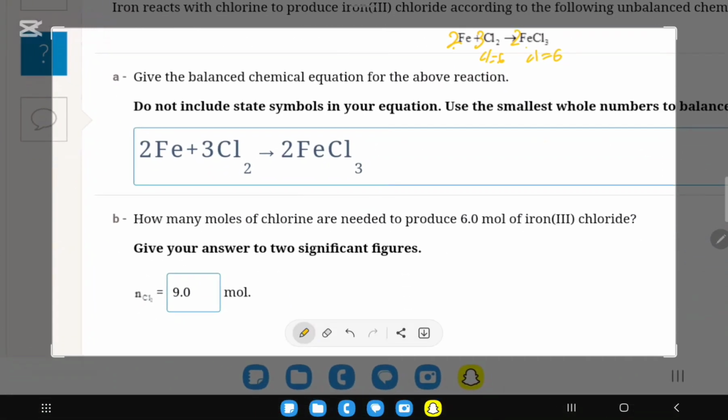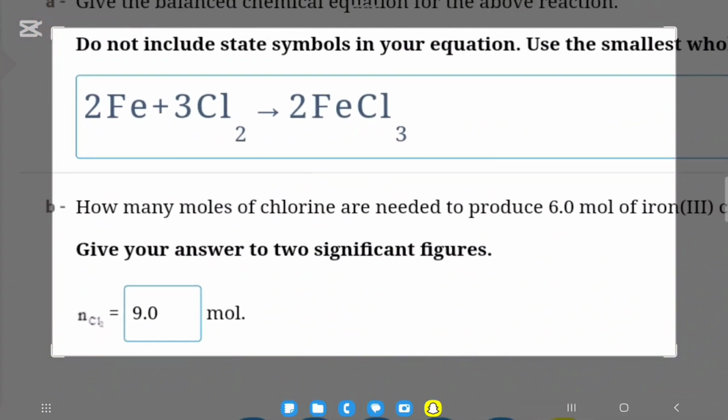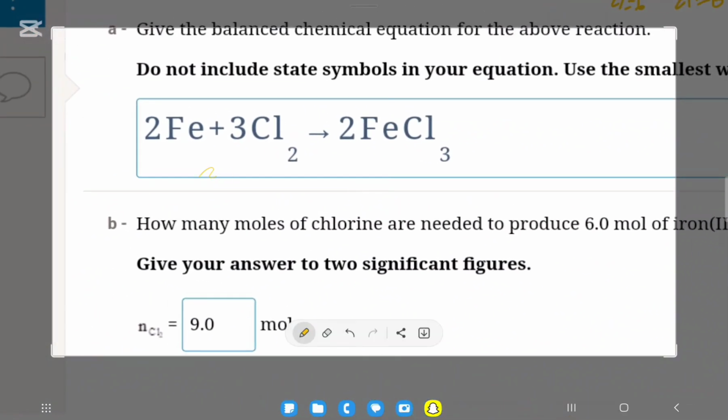How many moles of chlorine are needed to produce 6 moles of iron tetrachloride? So we do RRGR. They want moles of chlorine and they gave us iron tetrachloride. In the RRGR we want the moles of chlorine, so we put X and 6 moles of iron tetrachloride.